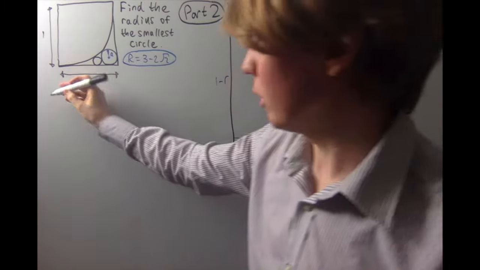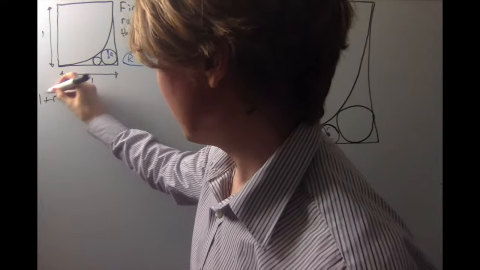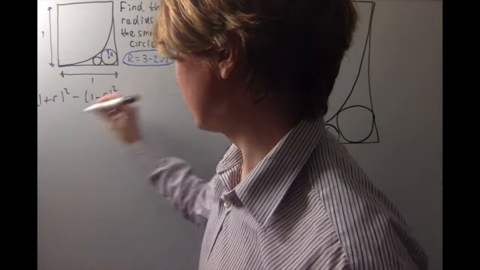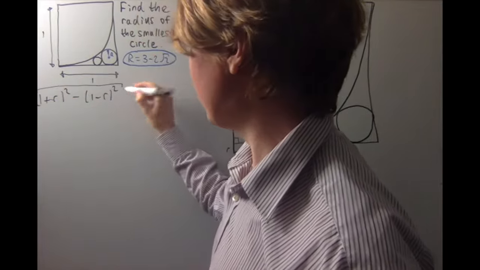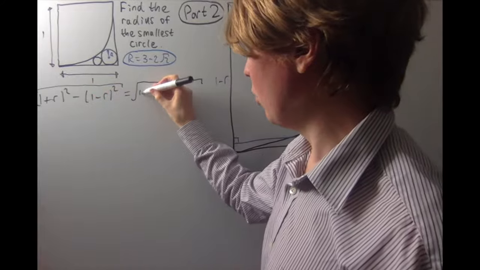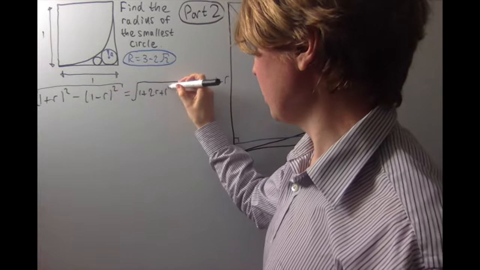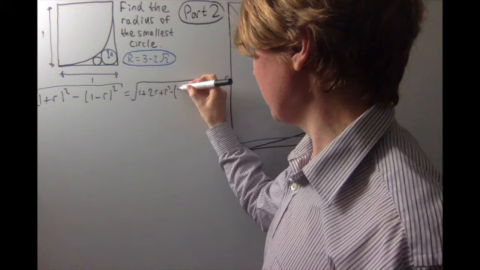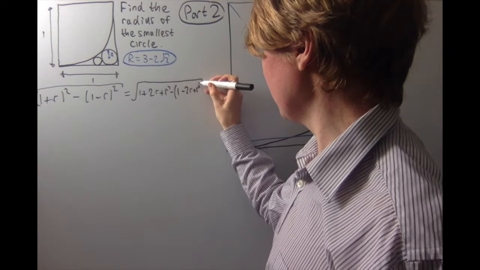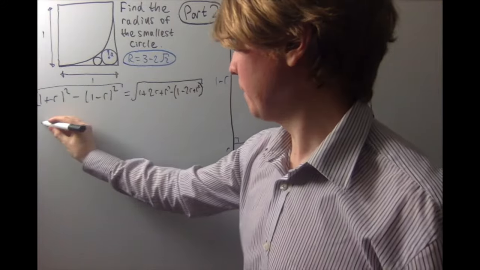So let's go over here. 1 plus r all squared minus 1 minus r all squared. Take the square root of that. That's going to be equal to the square root of 1 plus 2r plus r squared minus 1 minus 2r plus small r squared.